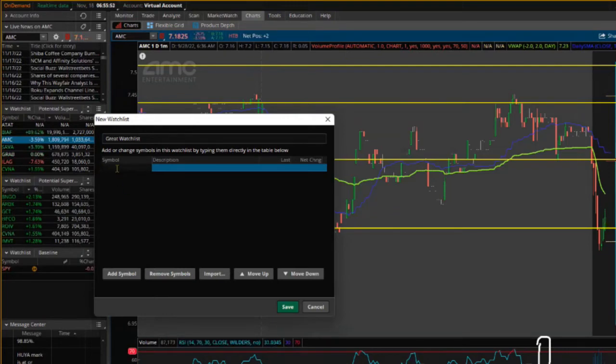Now type in whatever you're going to type in. So let's say you want to type in AMC. Okay, AMC. And you press enter, and it will give you the last price of the stock and the net change.